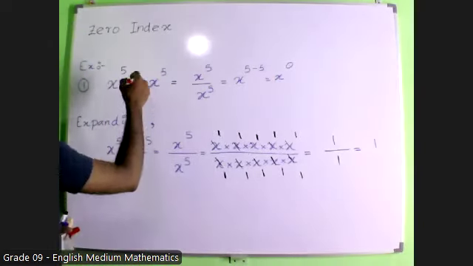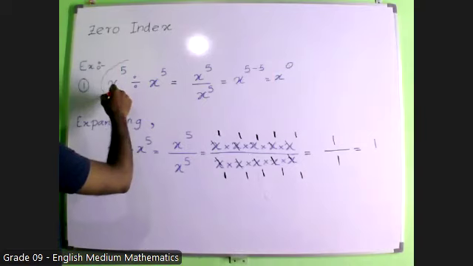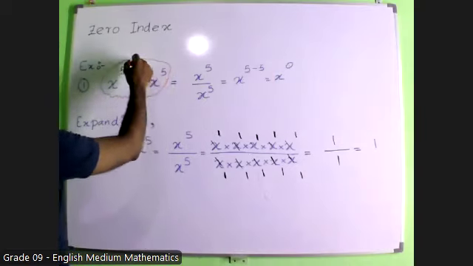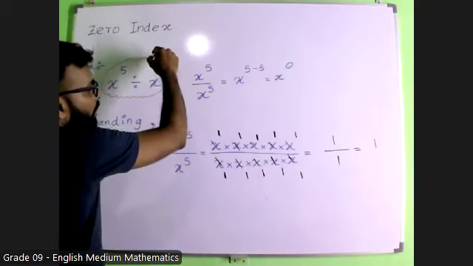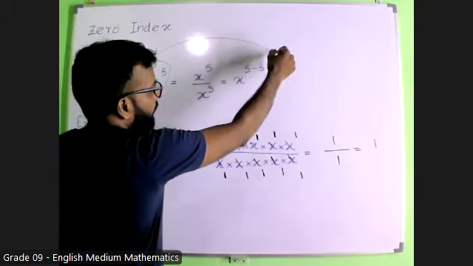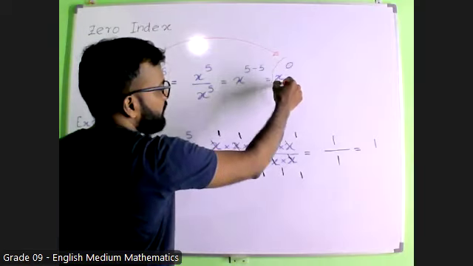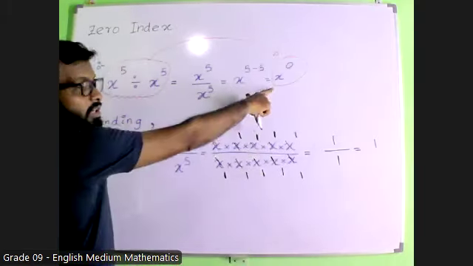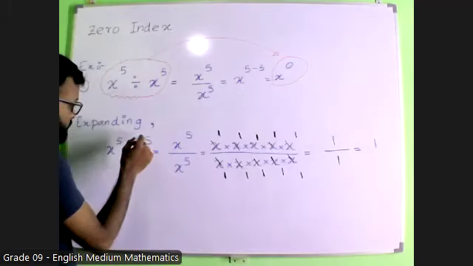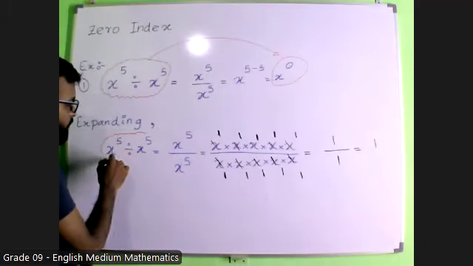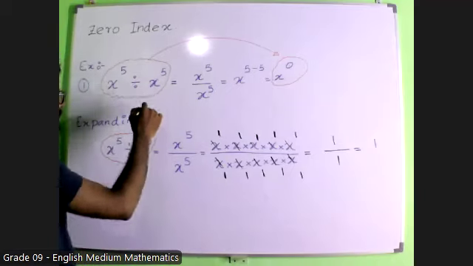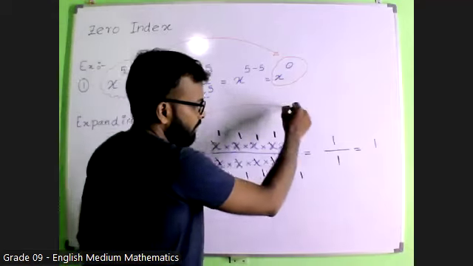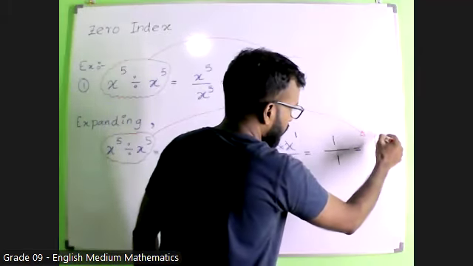So now what can you see? x to the power 5 divided by x to the power 5 equals x to the power 0. This is one answer. x to the power 5 divided by x to the power 5, the answer is 1.